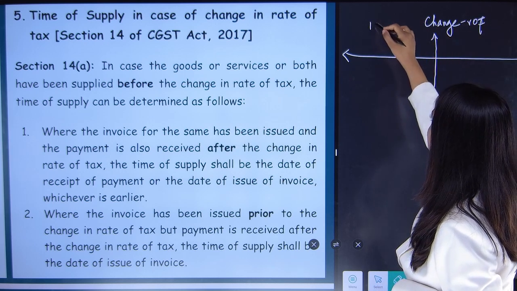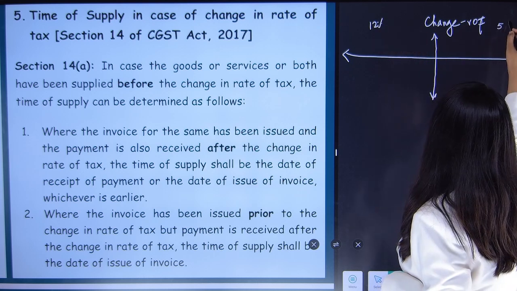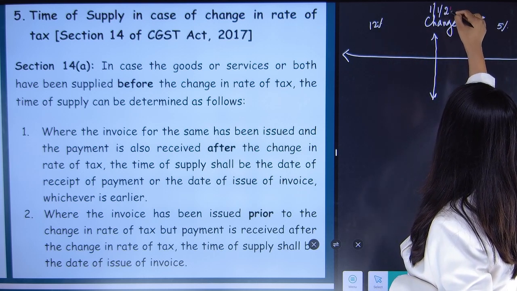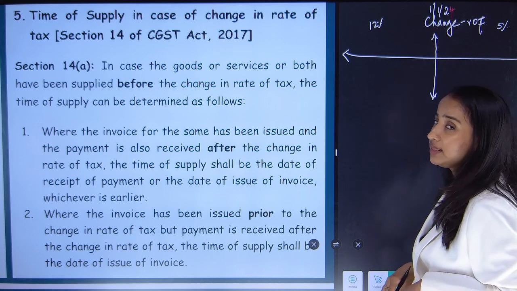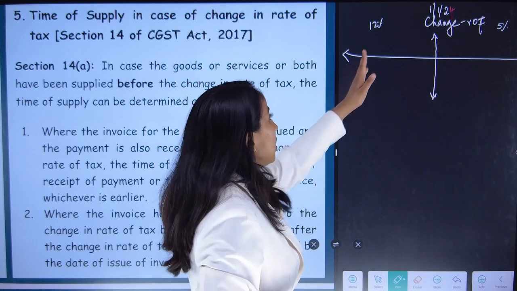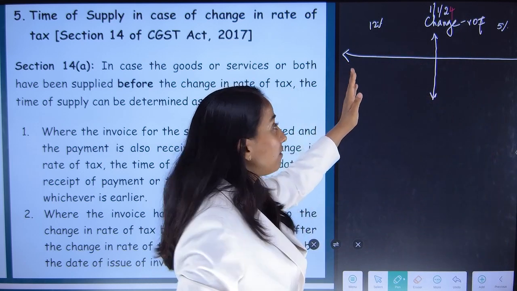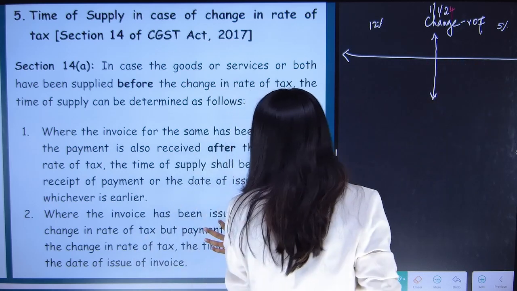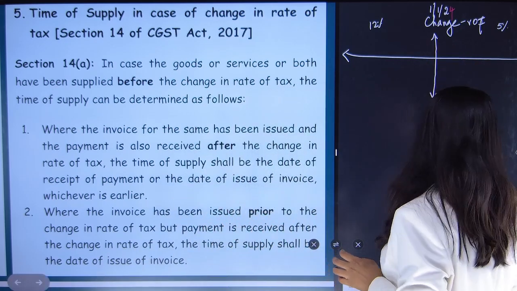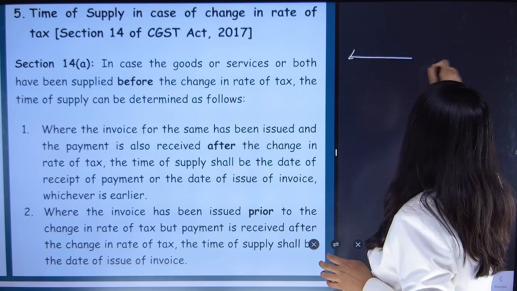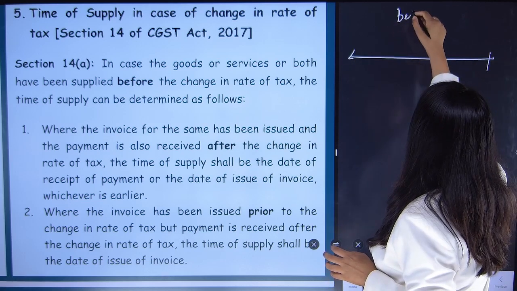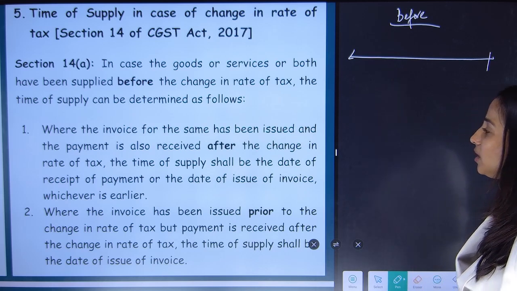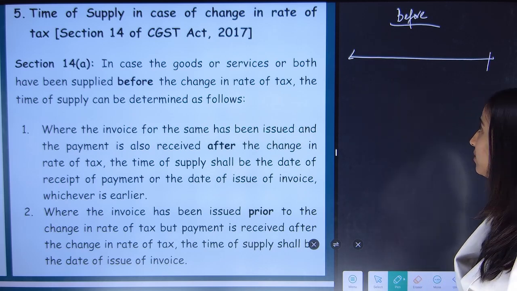Let's say earlier it was 12%, later it became 5%, and this is, let's say, 1st January 2024, my change of rate of tax. Until this date it was 12%, but after this date, through notification, they made it 5%. Now we are talking about the before condition: before the change in rate, where the invoice for the same has been issued and the payment is also received after the change in rate.